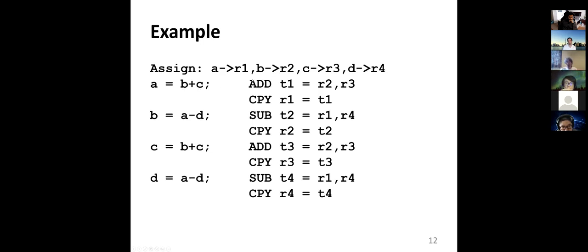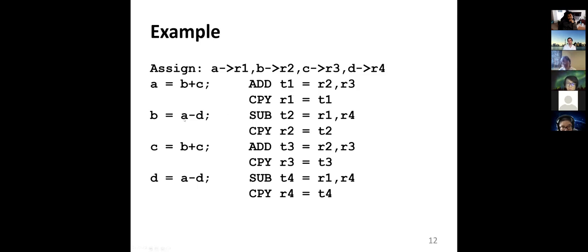So based on this algorithm, we need to generate two instructions. We generate T1, number 1, because this is the first expression. We store R2 plus R3 in T1 because the operand is add. And then we copy R1 into T1.